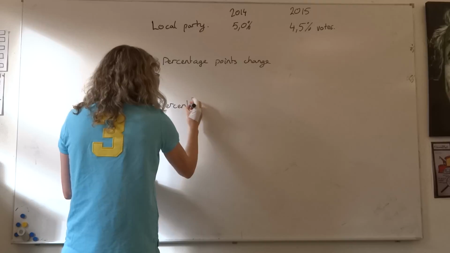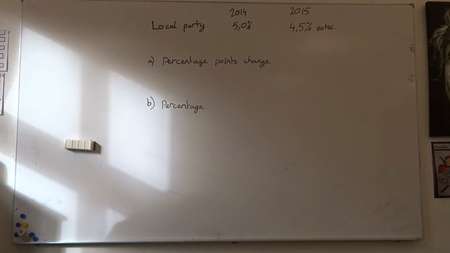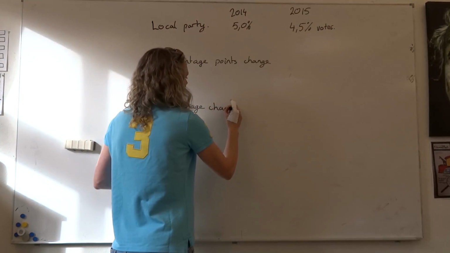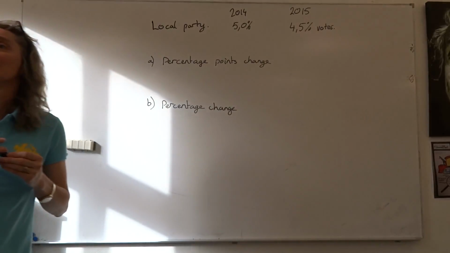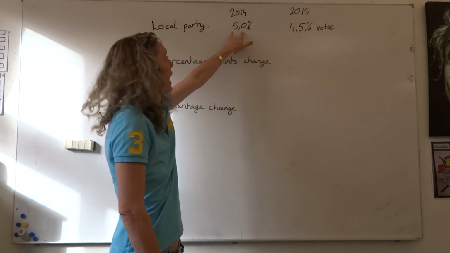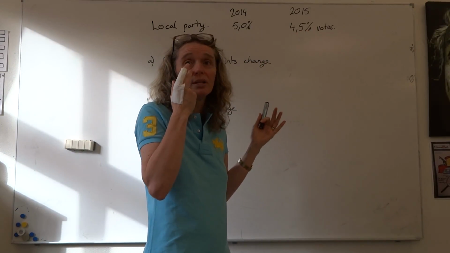It's extremely important to remember that in most cases, these will be very different answers. Percentage points change is the really easy one. It means you take 5% and you take away 4.5% from that. You're only looking at what the points were, okay?